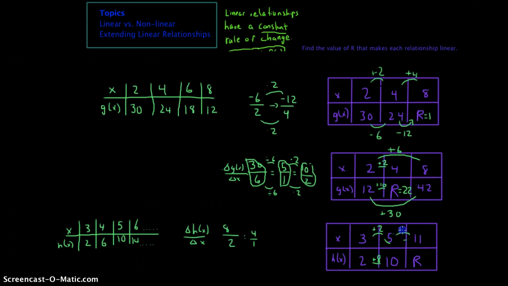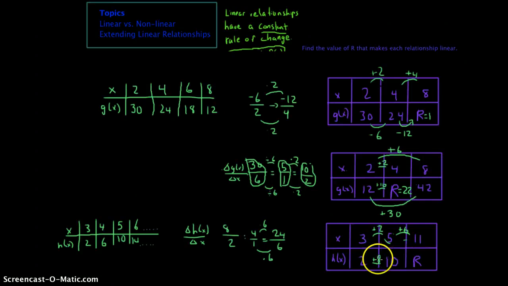How far do we have to go to get from 5 to 11? Well, that's clearly plus 6, right? So if we want to change our x's by 6, how do we get from 1 to 6? That's times 6, okay? So if I go from 6 times here, I can do 6 times here as well. 4 times 6 is 24. Okay, so these are all equivalent rates of change.